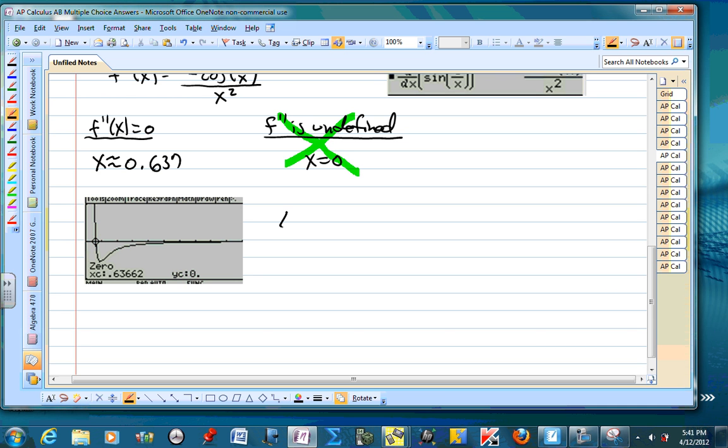So we go to set up our f prime prime sign chart to discuss concavity. Remember we're starting at 0. We've got about 0.637, and we can tell that f prime prime is positive for a little bit and then negative for the rest of the way.